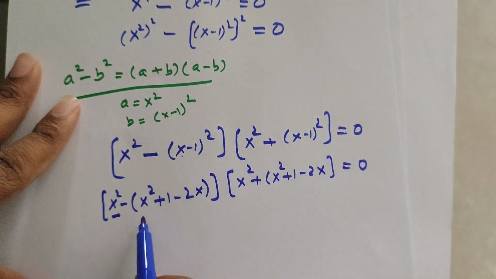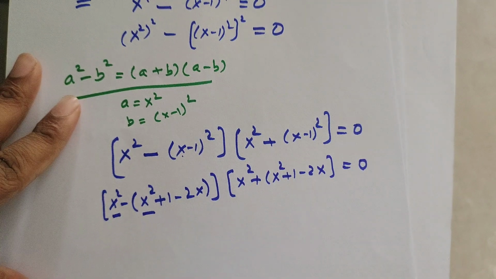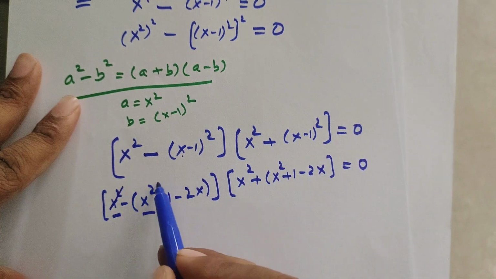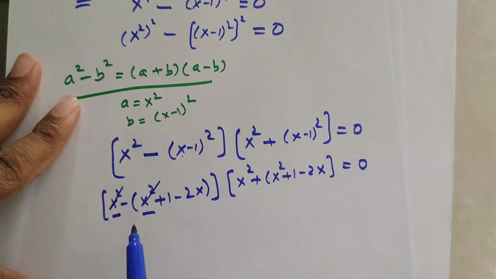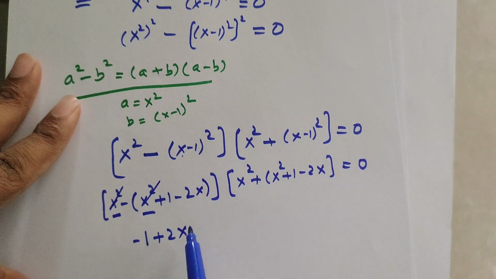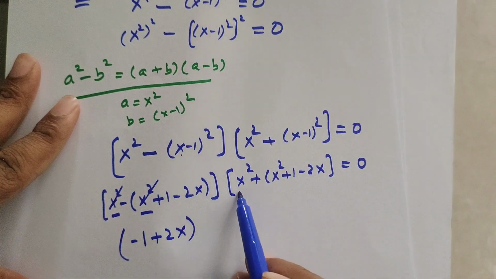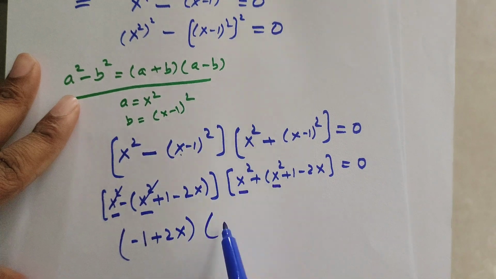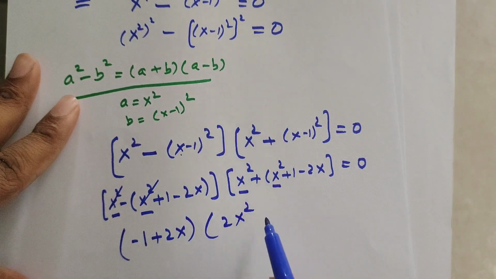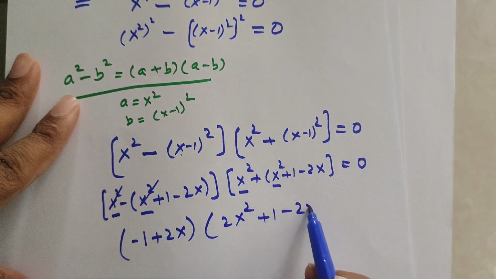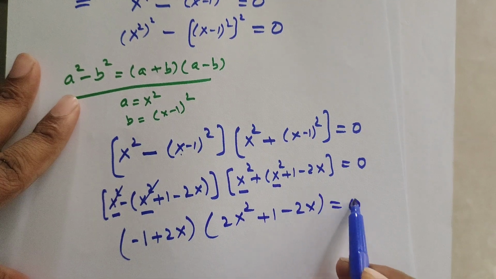Now this is x square and this is minus x square, so these two terms will be cancelled, and the remaining factor here is minus 1 plus 2x. And in the other factor, x square plus x square is 2x square plus 1 minus 2x equal to 0.